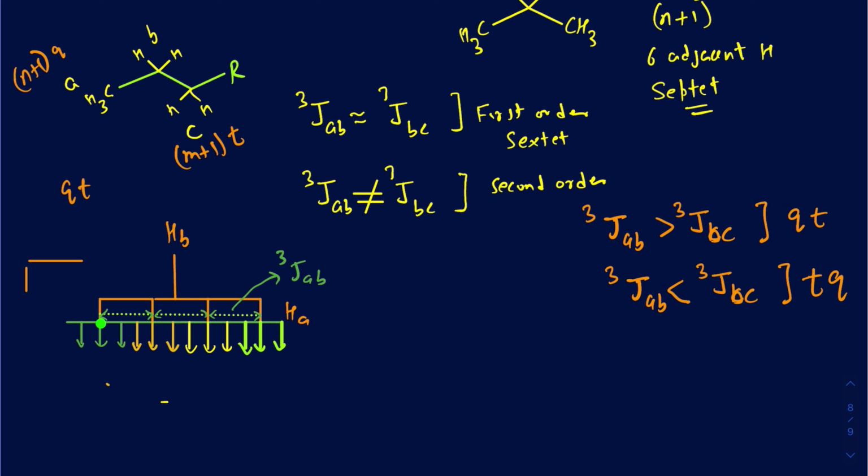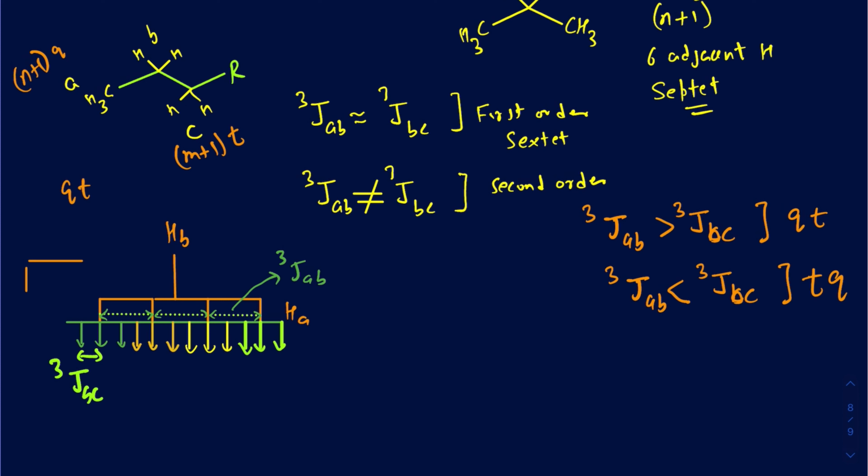You would have a triplet, maybe one of the lines right here for that one, and for the other triplet, one of the lines would be right here. So they could very well overlap. And then obviously you're going to have these lines right there. Those are going to be the coupling constants between B and C. So this is how you draw a quartet of triplets.